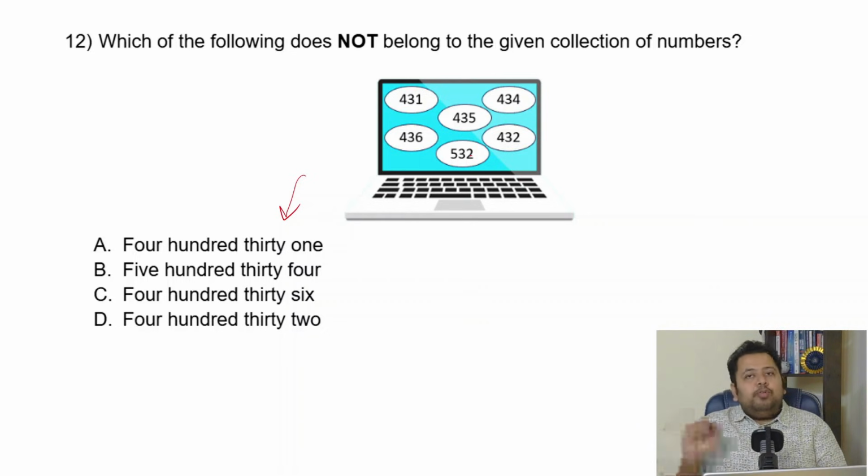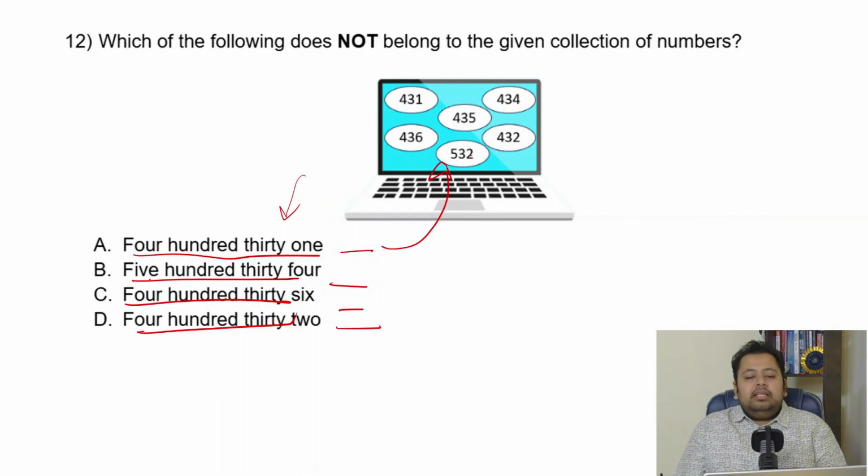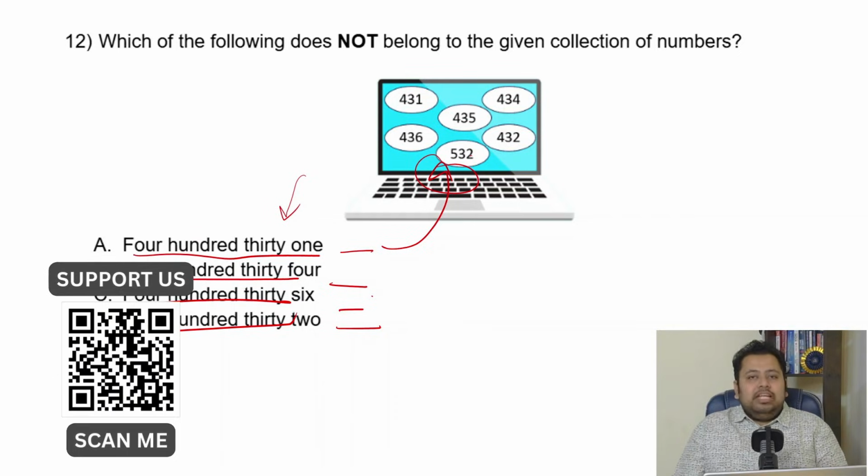You have to find out from the word form what those numbers are, and check whether that number is there on the computer screen or not. So find out what these four numbers are and check whether they are present on the screen. Whichever is not present will be your correct answer. Pause the video, solve it first, and then look at the solution.